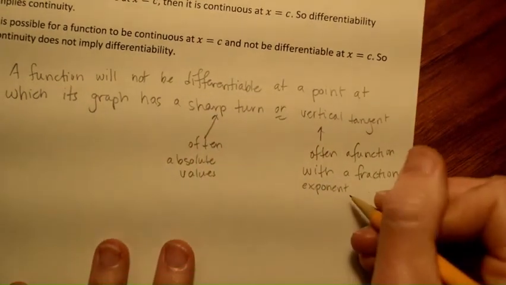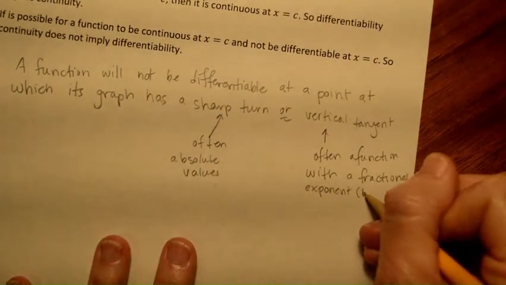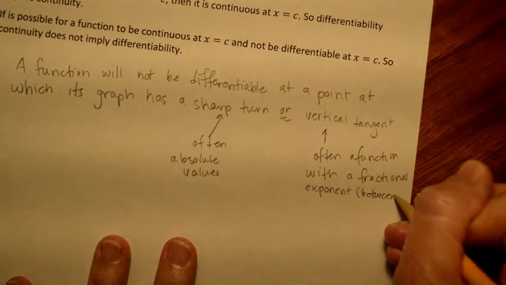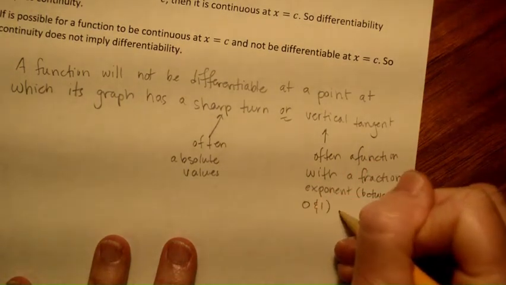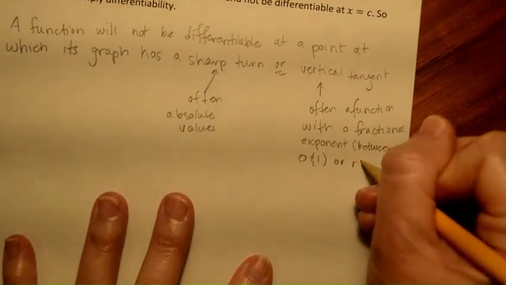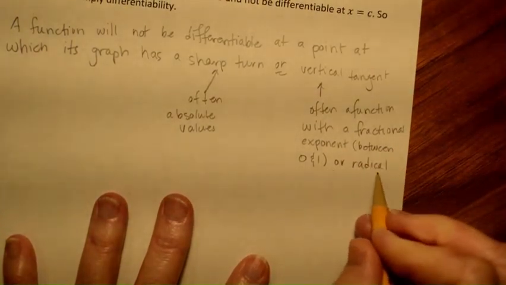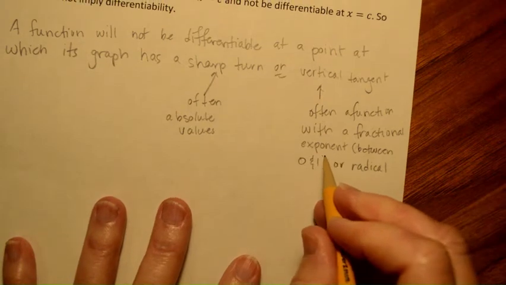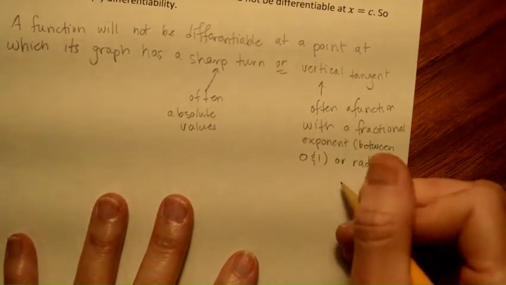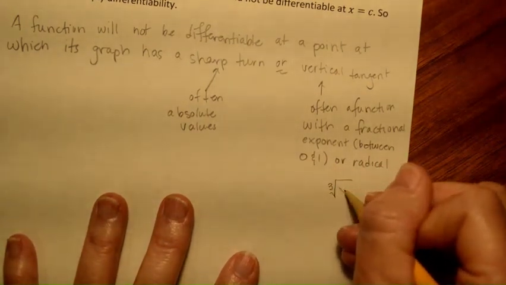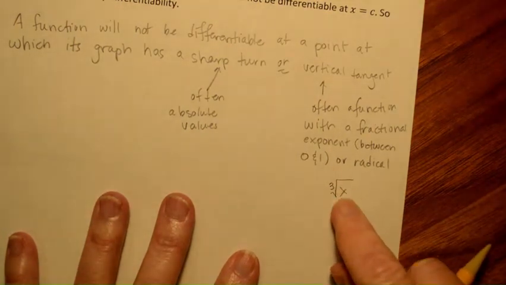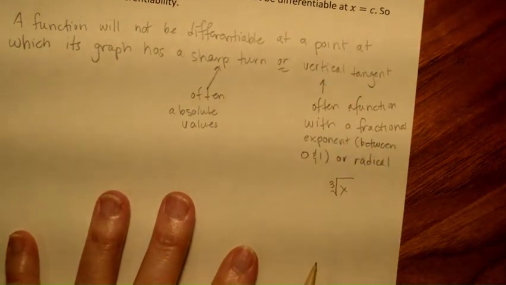When we learn the shortcut, you're going to understand that more. Or a radical, and remember that shouldn't be a surprise because radicals are fractional exponents. So you might see it with the fractional exponent like we just saw in the x to the 1/3, or maybe it's going to be written as cube root of x, and you're going to need to remember, oh yeah, that's a fractional exponent, so that falls into that category.